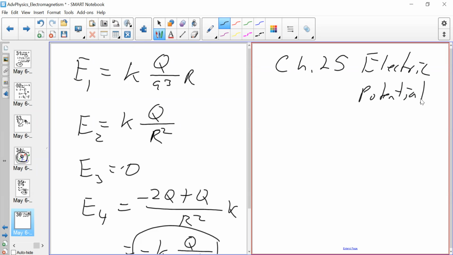So first section is electric potential and potential difference. All right. Back in the day, we have defined potential energy, it's gravitational potential energy, as the integral of, the change of potential energy is equal to negative work.